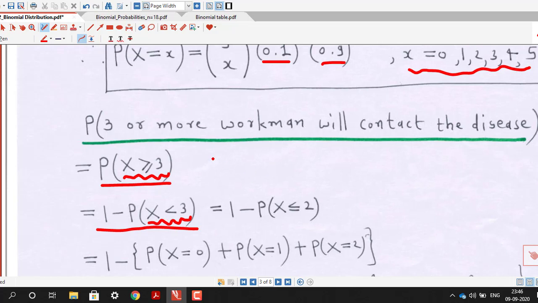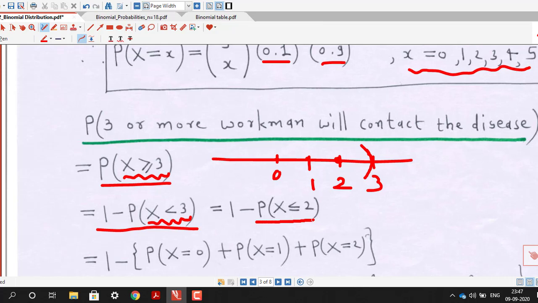Now capital X is less than 3 means, because the random variable is discrete and there is no other value between 2 and 3 possible, we are having strictly values of the random variable less than 3. So the possible values are 2, 1 and 0. We can write this as the probability that capital X is less than or equal to 2.